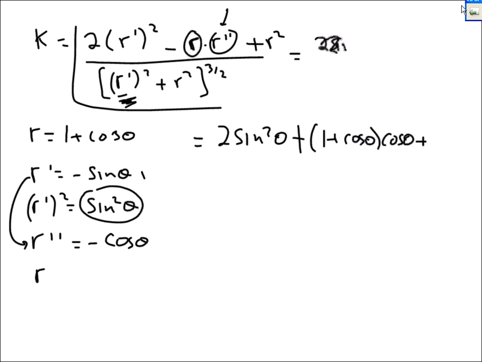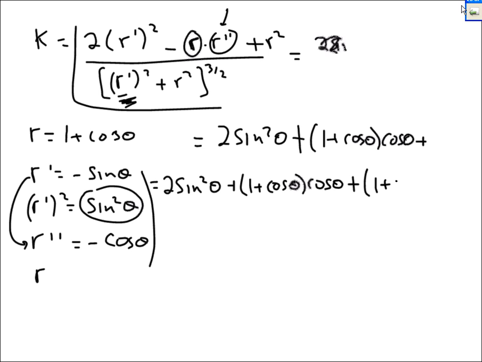Okay, so let me just write that even more to the right. Plus r squared, 1 plus cosine theta squared.